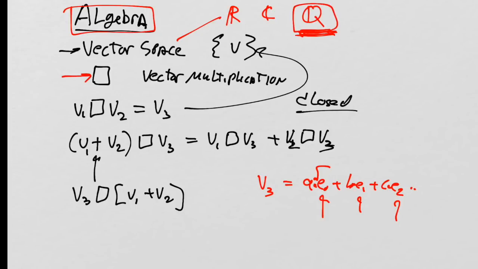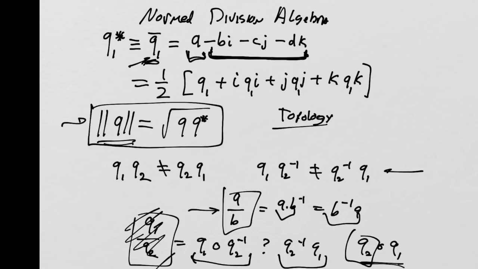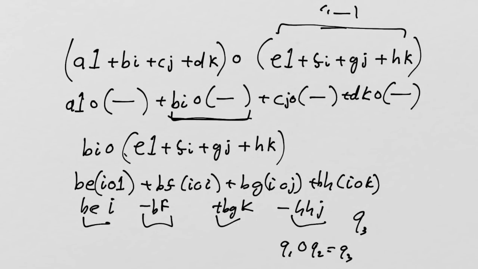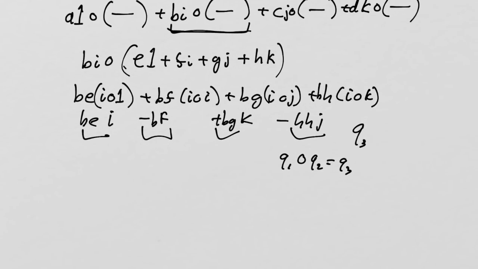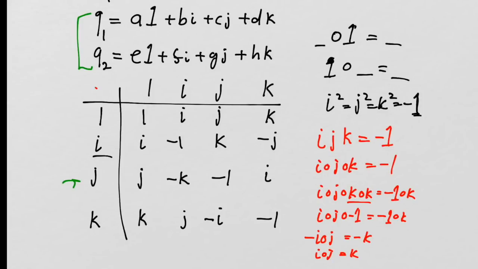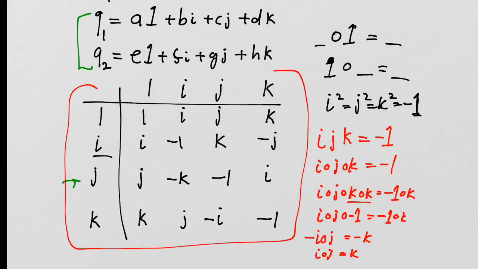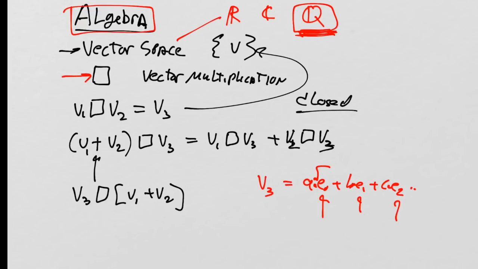And I have the bilinearity, I've postulated that, and I've shown how the multiplication is actually done because we went through this process of multiplying. I've created the table, so we showed how to multiply the basis vectors, and once you do that, you can multiply everything. So the quaternions form an algebra.